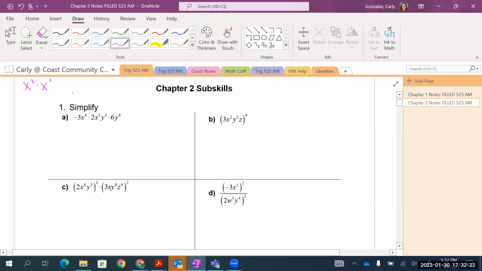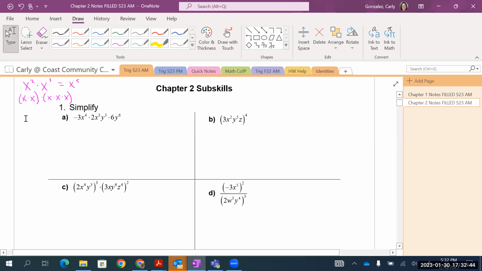What does x squared mean? That's just x times x, whereas x cubed is x times x times x. So really, we now have x multiplying by itself 5 times, or we get x to the 5th power.